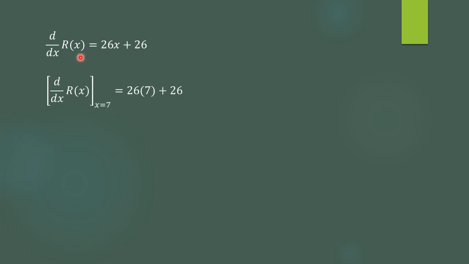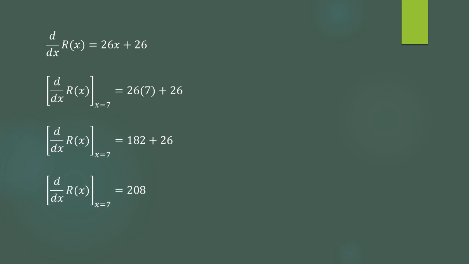So replace x with 7. We get 26 into 7 plus 26, which is 182 plus 26, that is equal to 208, and we can say that the marginal revenue is rupees 208 when x is 7, or when 7 items have been sold.